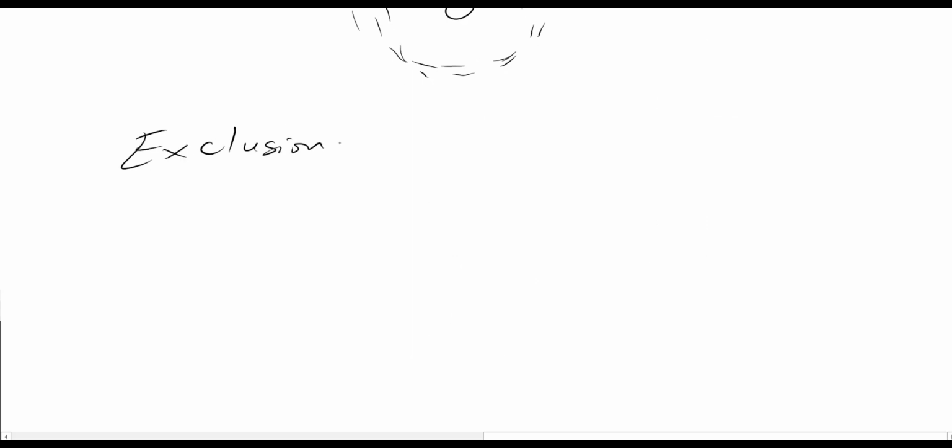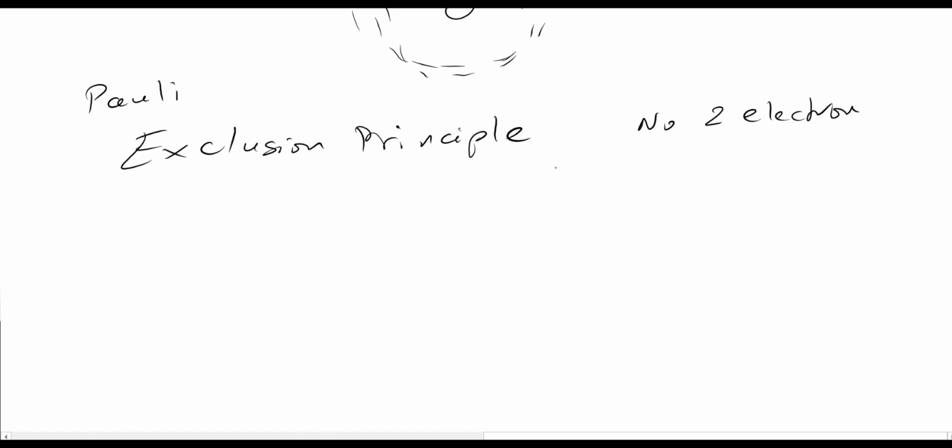So this is the Pauli exclusion principle, which bears his name, that says no two electrons can have the same quantum numbers, meaning they cannot exist in the same quantum state, meaning they cannot have the same wave function.